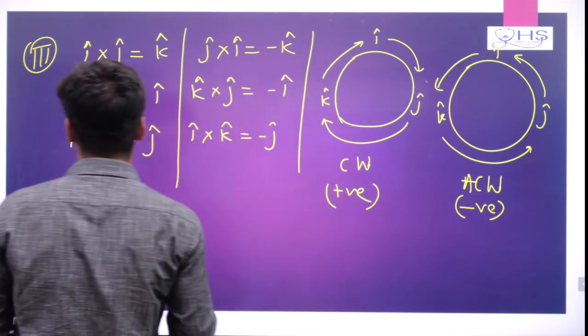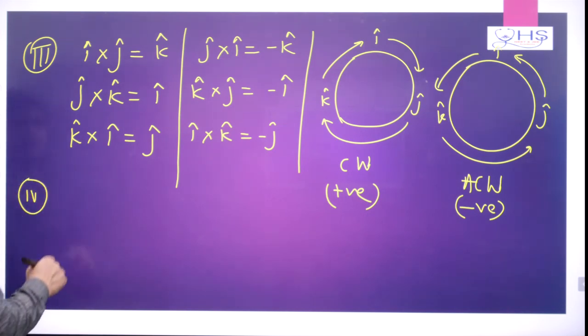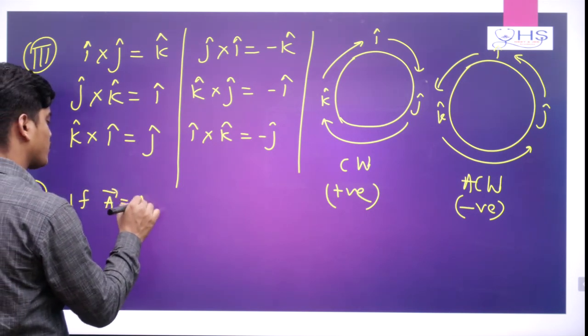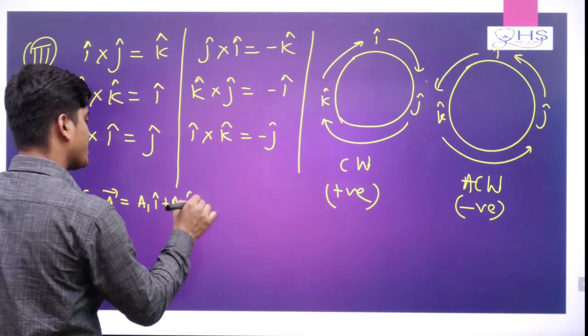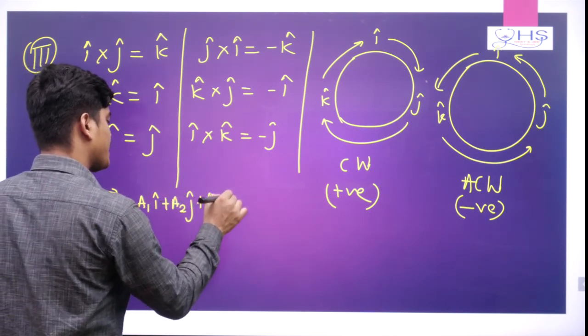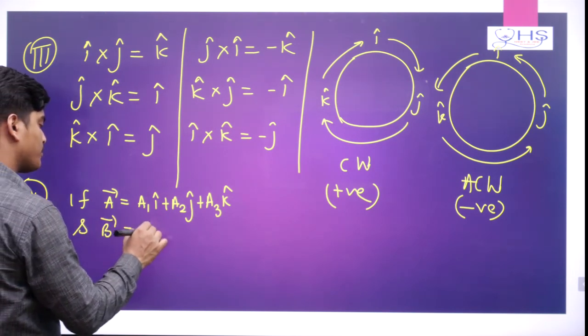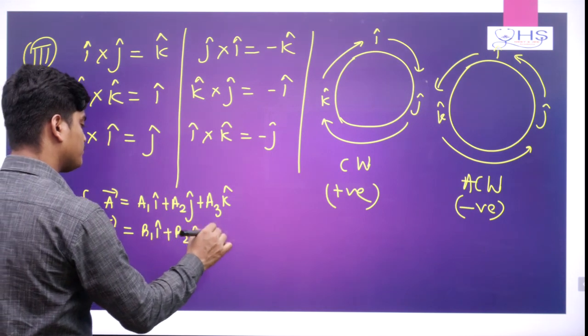Now the fourth point. If a vector is given as a1 i cap plus a2 j cap plus a3 k cap, and b vector is given as b1 i cap plus b2 j cap plus b3 k cap.